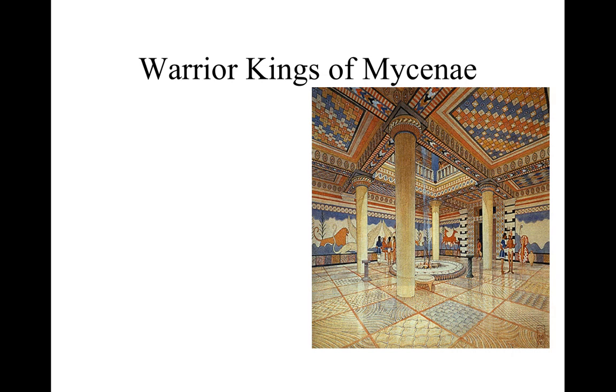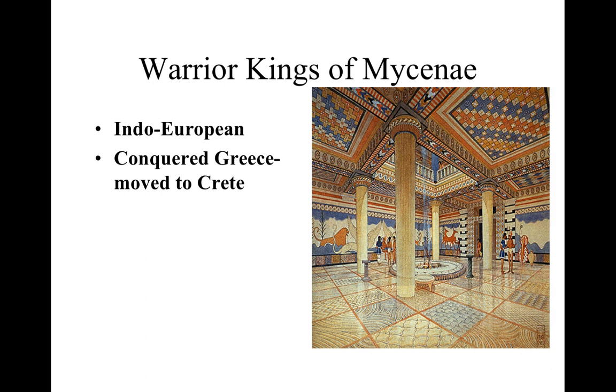We talk about the warrior kings of Mycenae. And so you've already seen a little bit about the warrior kings. And so we get a little bit more information. It was said that they would have been Indo-European, similar to the Indo-Aryans, but that group went a different direction than the people from Mohenjo-Daro. It said that they conquered Greece and then moved into Crete, that they would have been the first Greek-speaking people if they did in fact exist, and that they were sea traders.